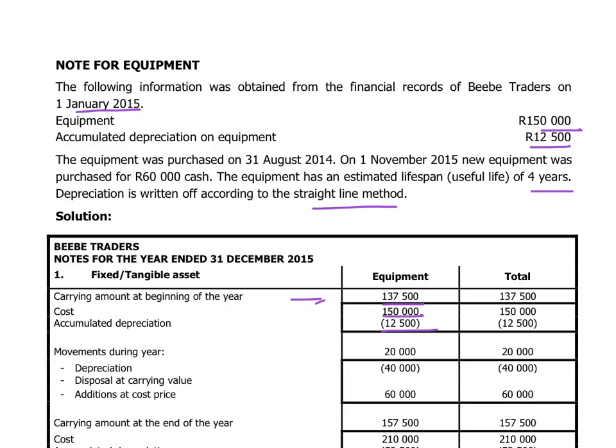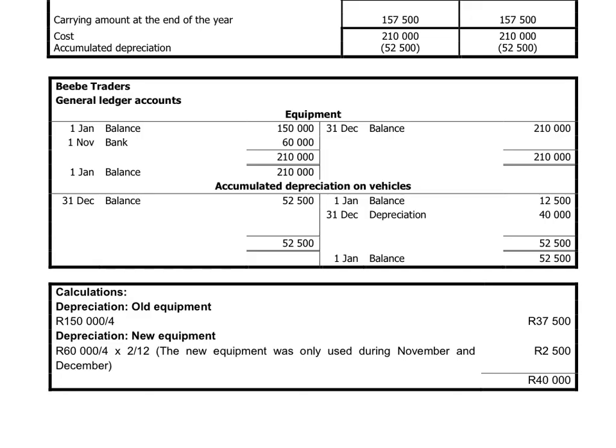The original equipment was purchased on the 31st of August 2014 and the new equipment was purchased on the 1st of November 2015. We will calculate depreciation on the old equipment for the full year because this equipment was purchased in the previous year, and that will give us 37,500.